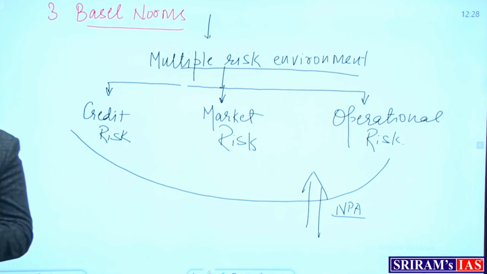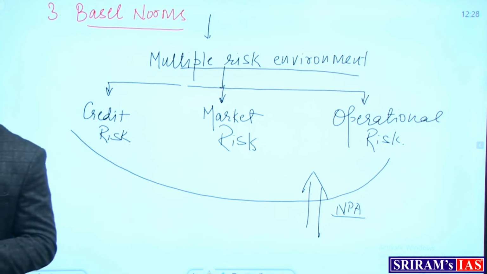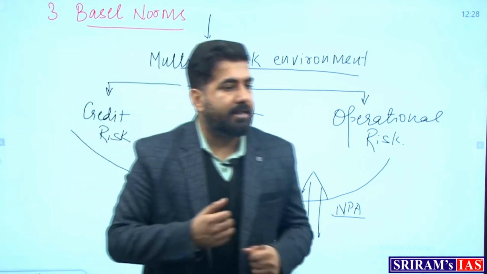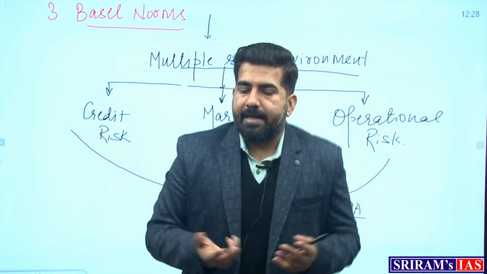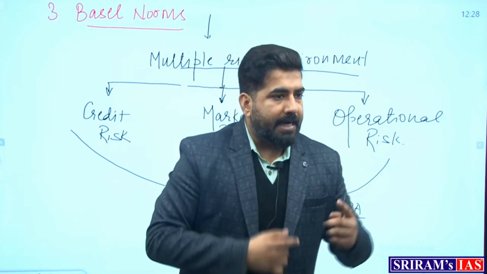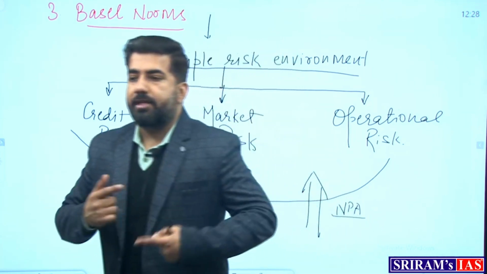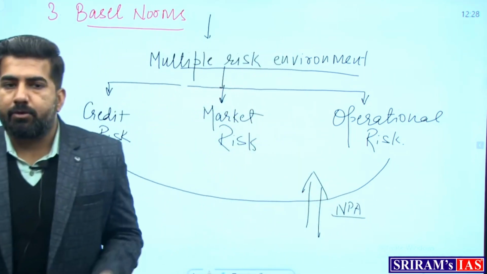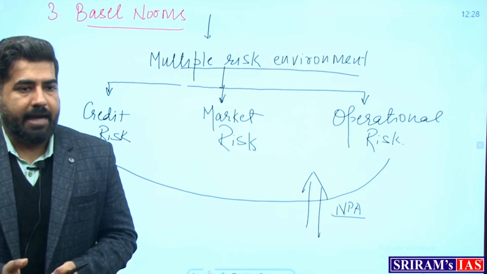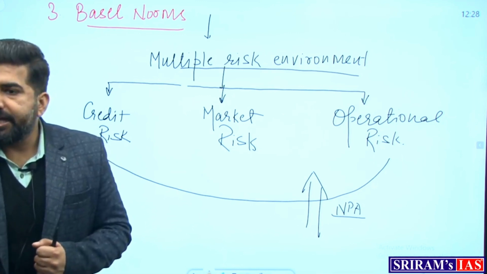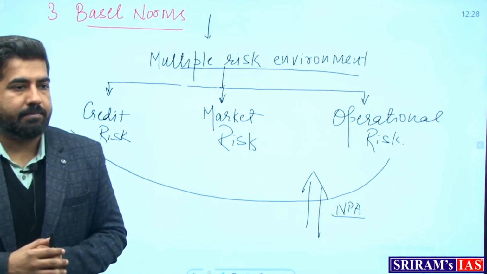But suppose suddenly the people like us who have deposited their money in the bank approach the bank and say, okay, now give us the money. The bank is like, I don't have the money. That will create a panic-like situation or not? And when this panic-like situation is created, the bank shares start to tumble down. And ultimately what happens? The bank crashes, creating an issue of trust in the banking system.